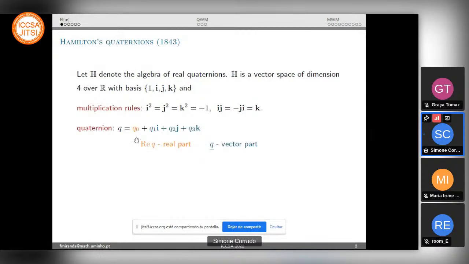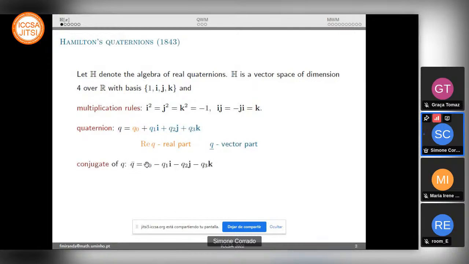So a quaternion is an element of this kind, and we call q naught the real part, and we call the next part the vector part, usually denoted by q underbar.